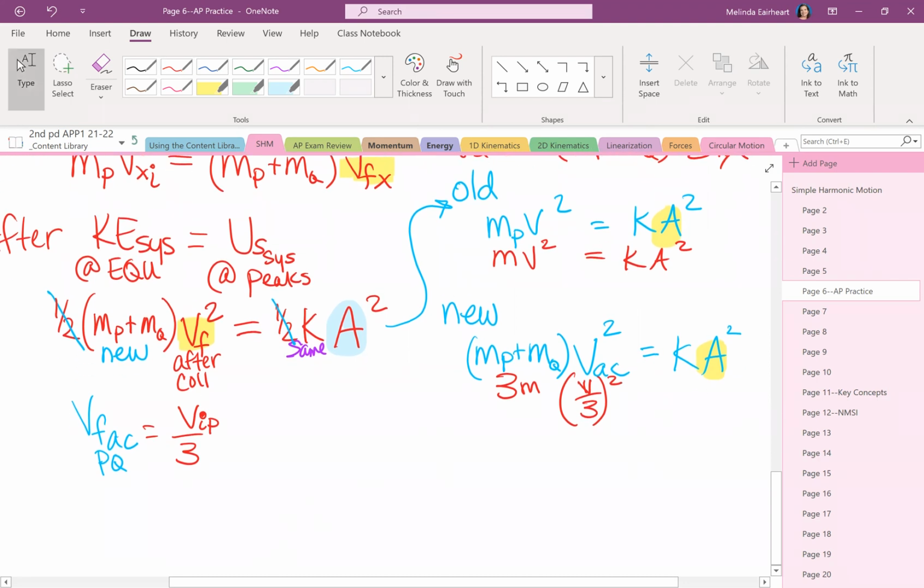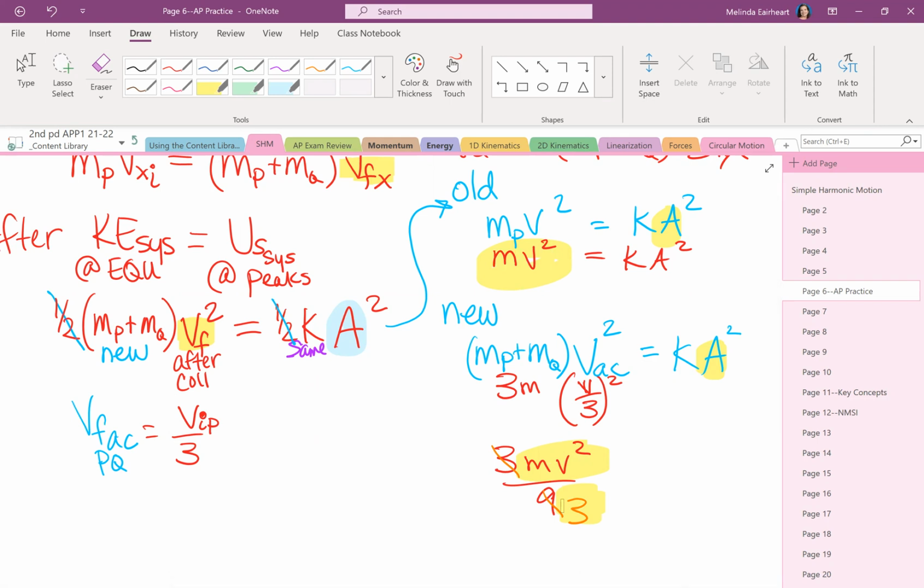Does the 3 and 3 cancel, net out to they have the same amplitude? No, 1/3 squared is 1/9. And so you can look at 3mv squared over 9, which reduces to 1/3. And so look at the energy that leads to the compression or stretch, right?